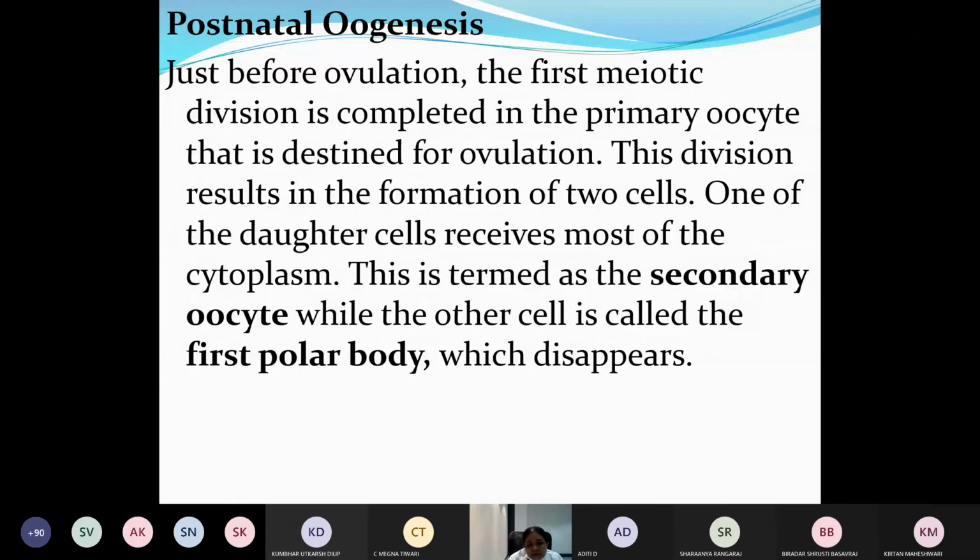This division results in the formation of two cells. One of the daughter cells receives most of the cytoplasm and is termed the secondary oocyte, while the other cell is called the first polar body, which disappears.